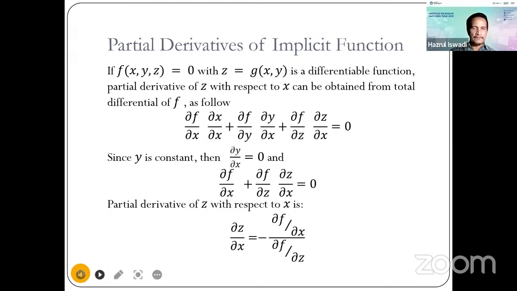In the previous slide, the situation is f contains two variables, where y is a function of x.